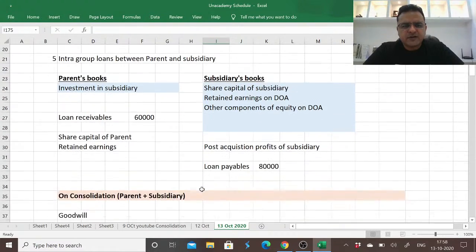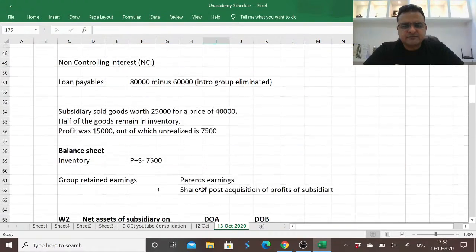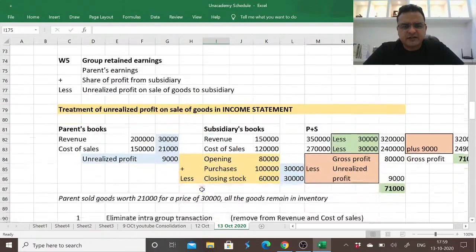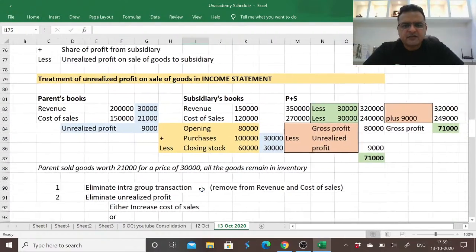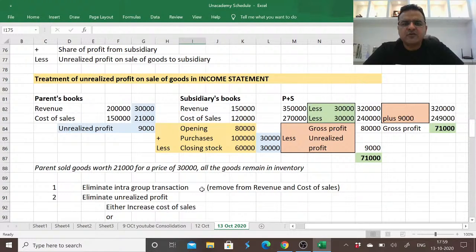So when there are intra-group transactions, if there is any sale to third parties, that gets realized, then there is no unrealized profit.